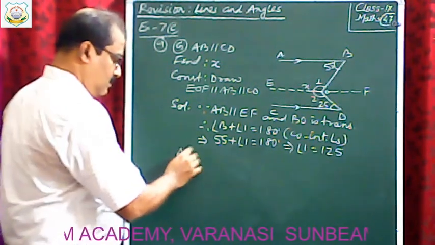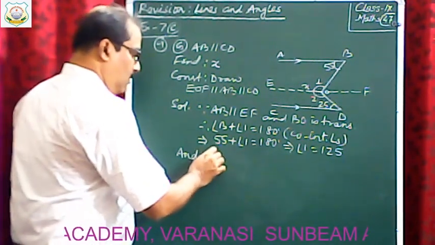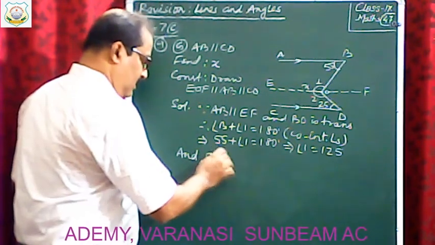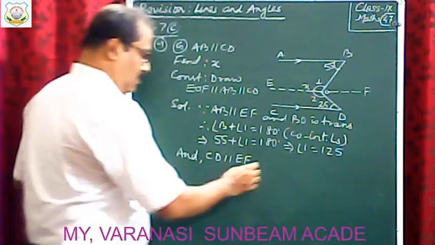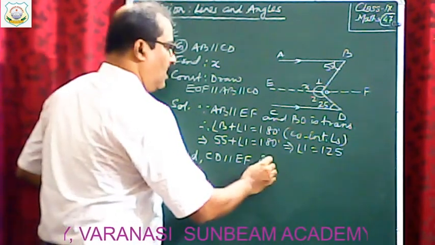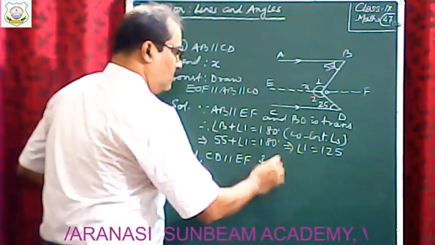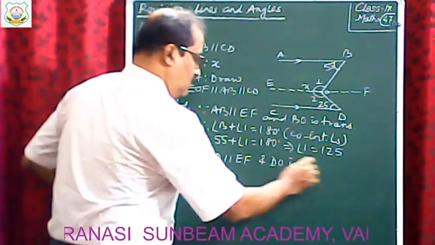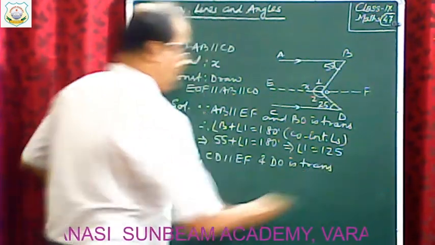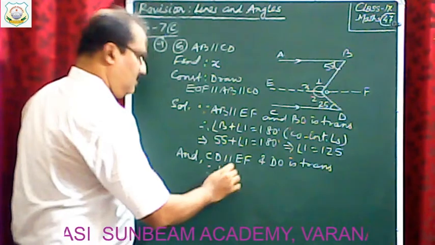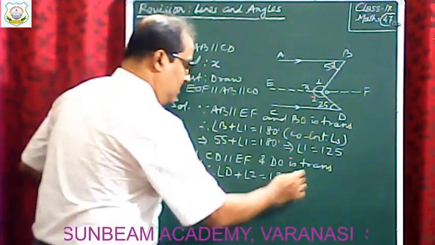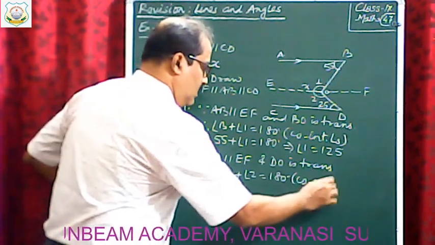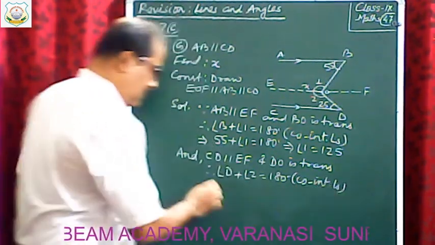And CD parallel to EF and DO is transversal. So therefore angle D plus angle 2 equal to 180, in same manner, co-interior angles.